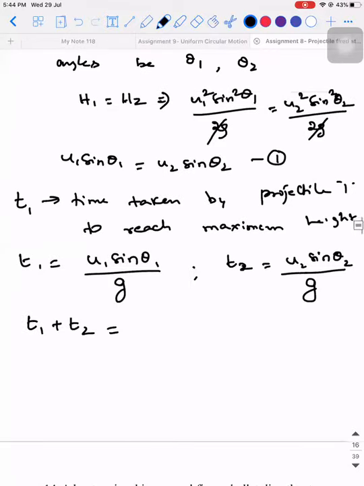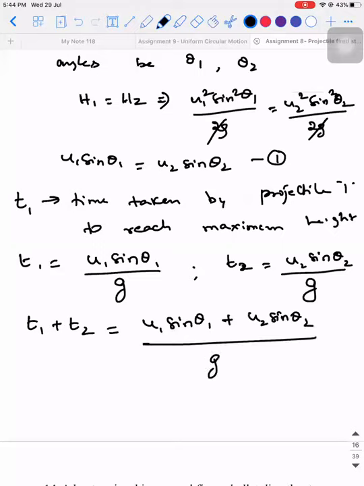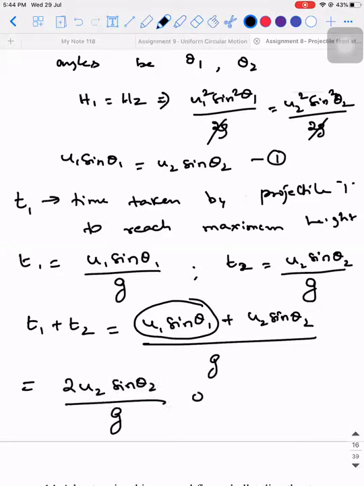So T1 plus T2 will be how much? u1 sine theta 1 plus u2 sine theta 2, the whole divided by g. But what can be replaced? u1 sine theta 1 can be replaced with u2 sine theta 2. So this can either be 2u2 sine theta 2 by g or 2u1 sine theta 1 divided by g.